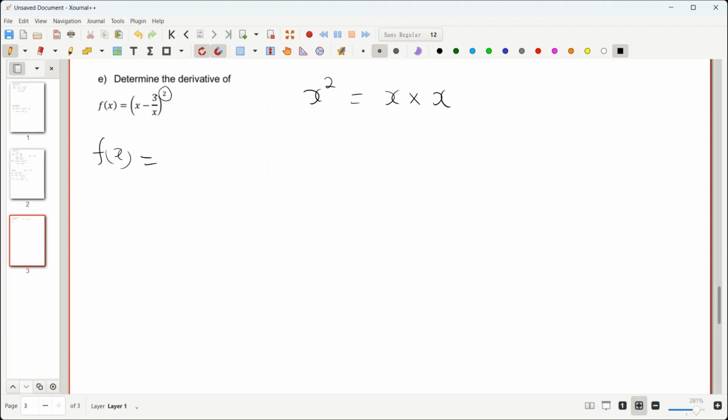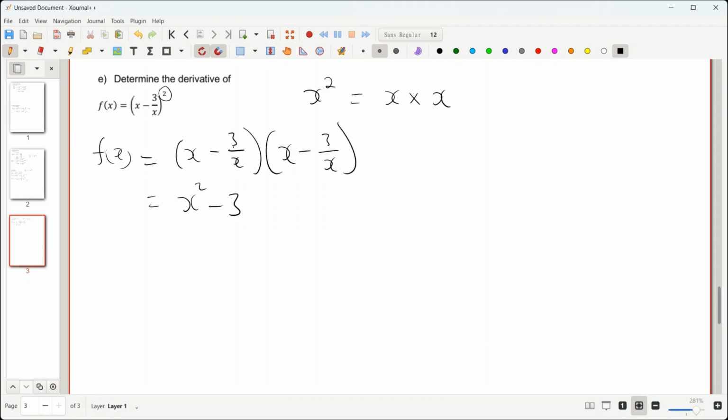So x minus 3 over x, and we are squaring everything. So we can rewrite this as x minus 3 divided by x multiplied by x minus 3 divided by x, okay? And then now we can just FOIL this. So your x times x will be x squared. And then your x times negative 3 over x, so you'll have minus 3.